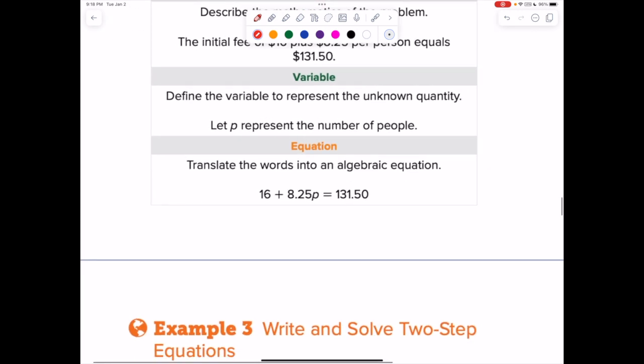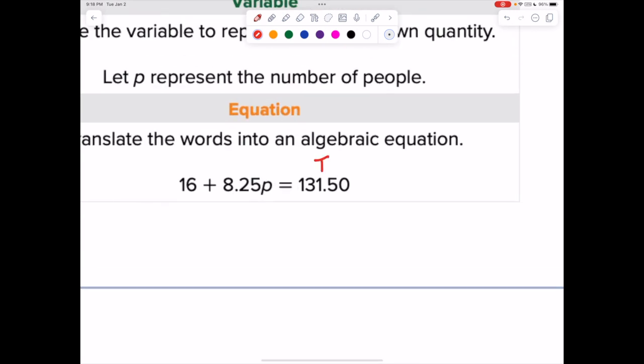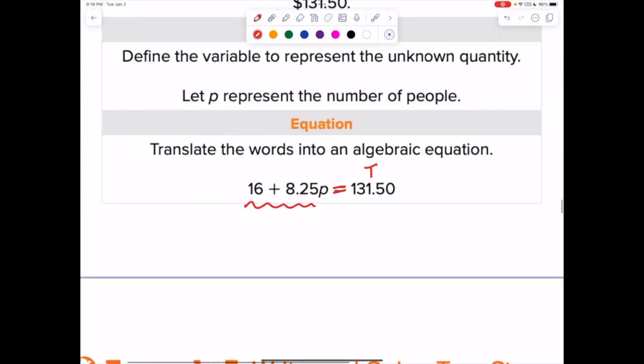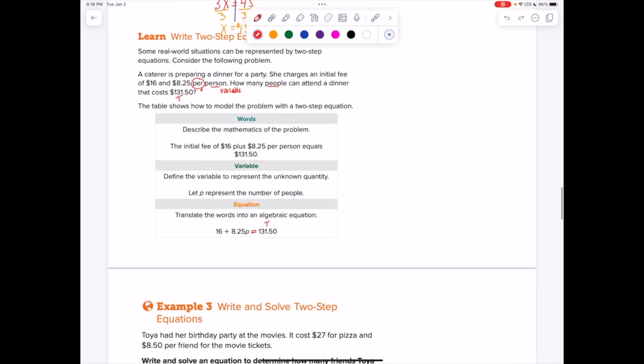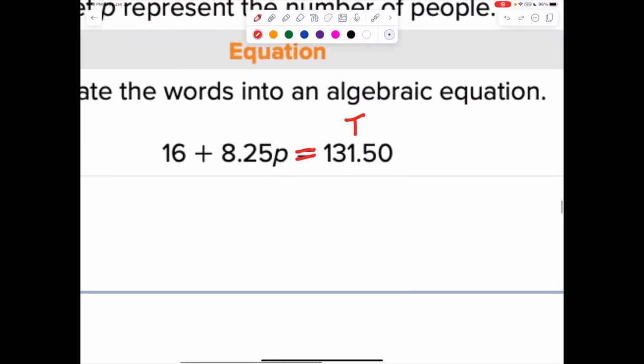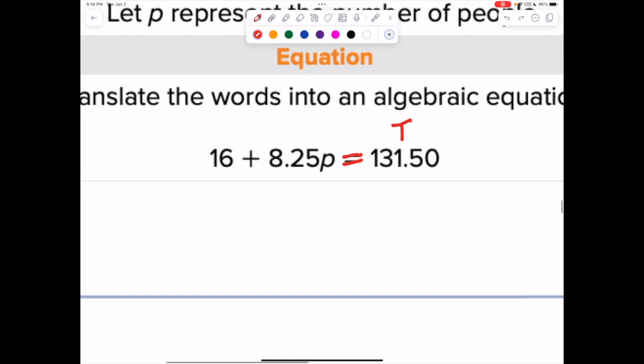Notice the total typically is going on the one side of the equal sign. Okay, and then everything else of the situation is on the left. Okay, and so as you are exploring things like this, and you know the total, here we have $16 plus $8.25 per person, and it's going to equal a total.